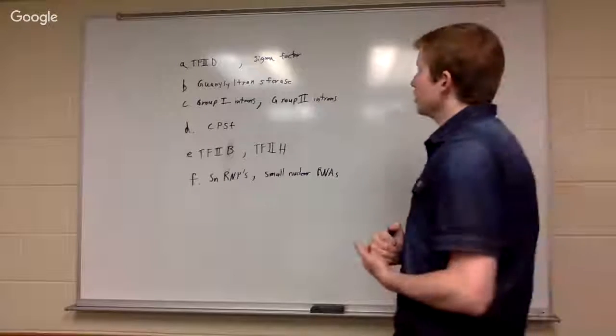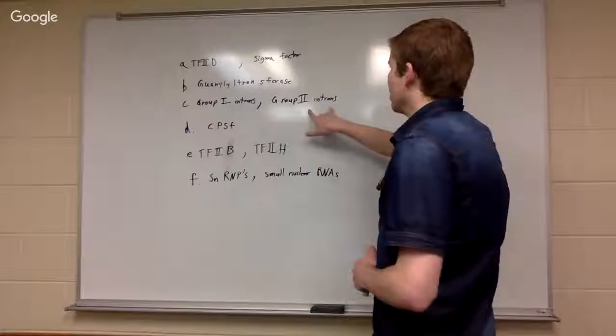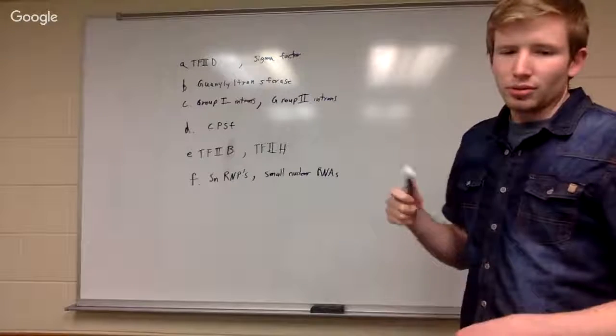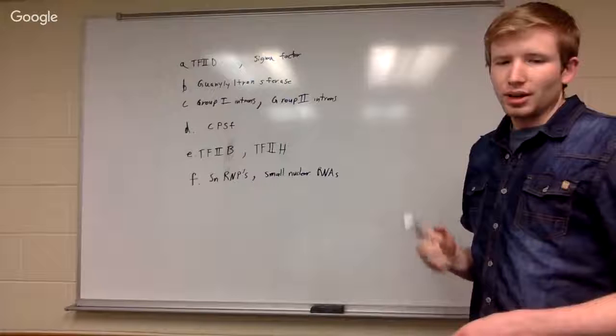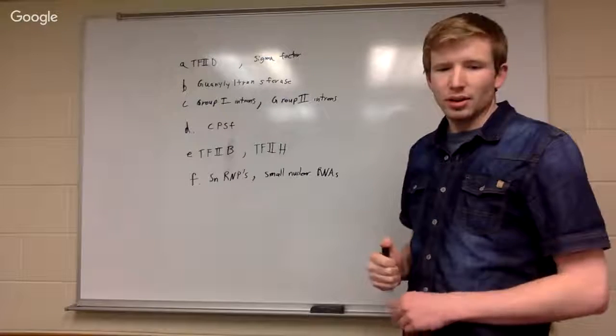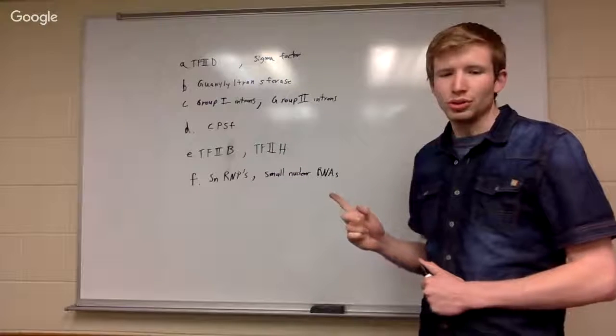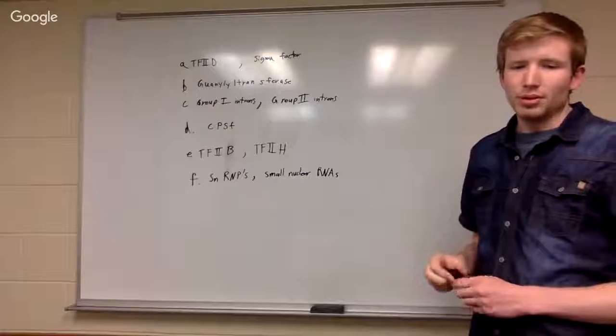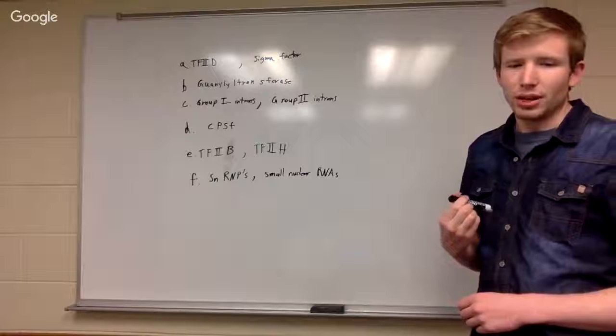And then for C, we have group 1 introns and group 2 introns. Group 1 introns use the nucleotide guanine as the cofactor during catalysis, while group 2 uses adenine as the cofactor during catalysis.